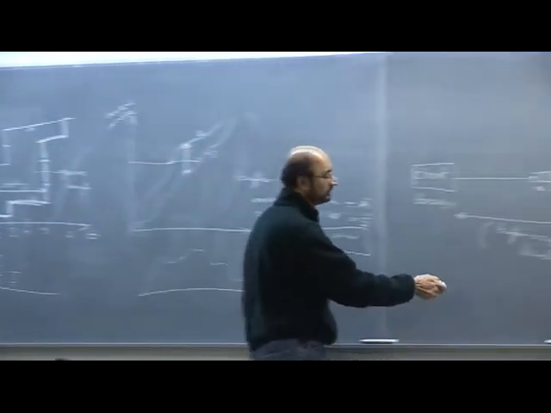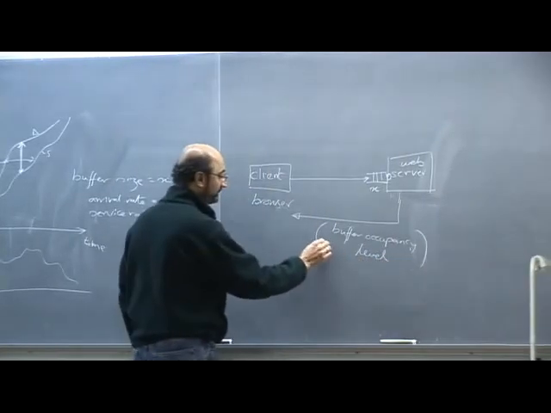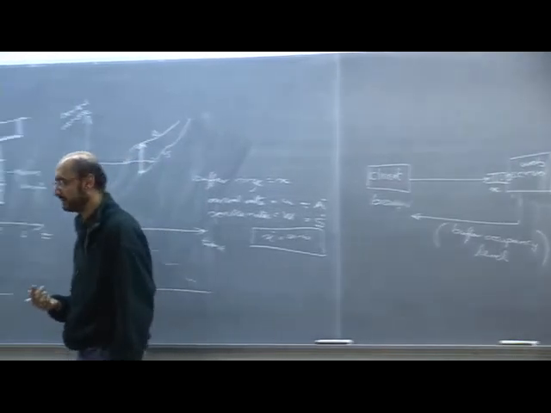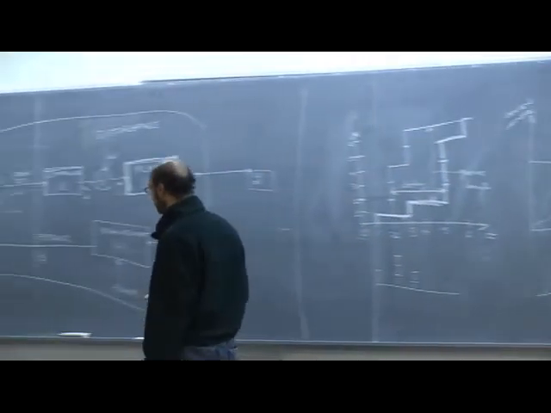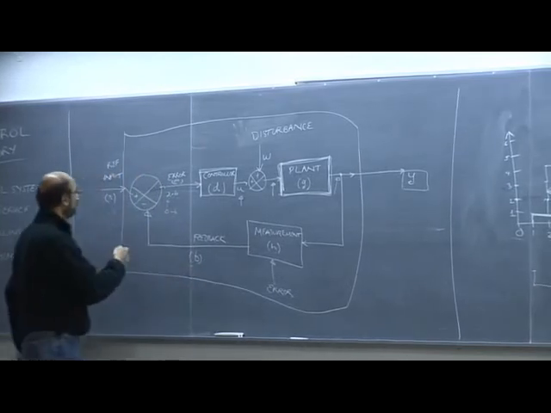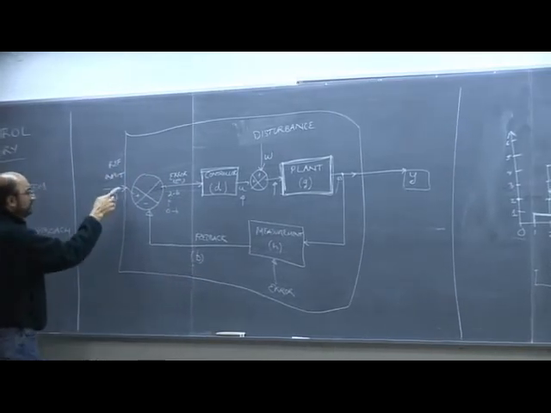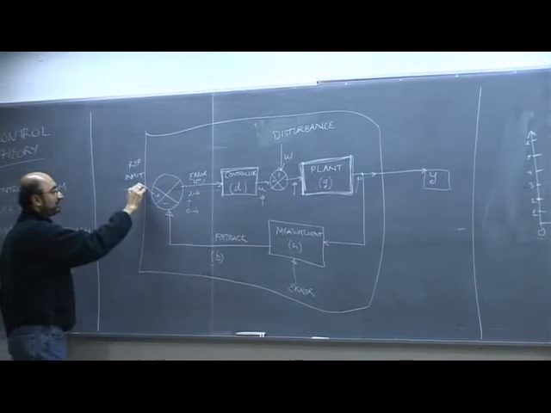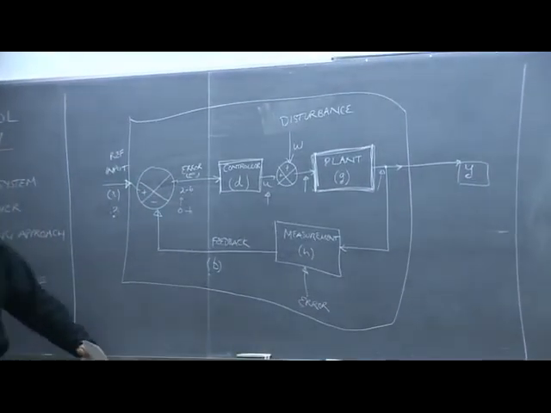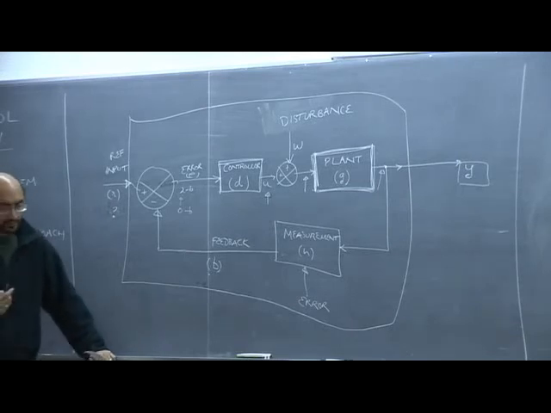And the second thing I'm assuming is that the buffer occupancy level is being fed back to the client so that it can use this information in controlling the rate. Again, that's not something we actually have today. If you go back over here, what we have then is this. So the reference input, let me come to the reference input. What is the reference input going to be in this system? Again, remember we're trying to model it, right?